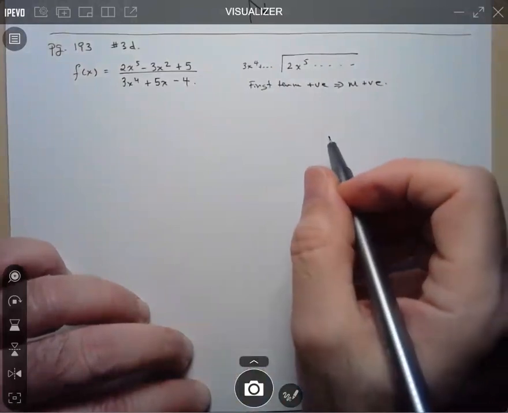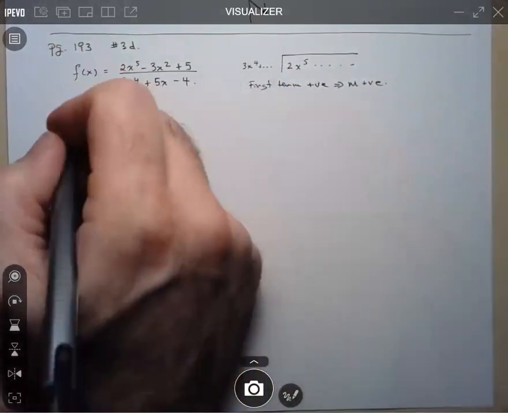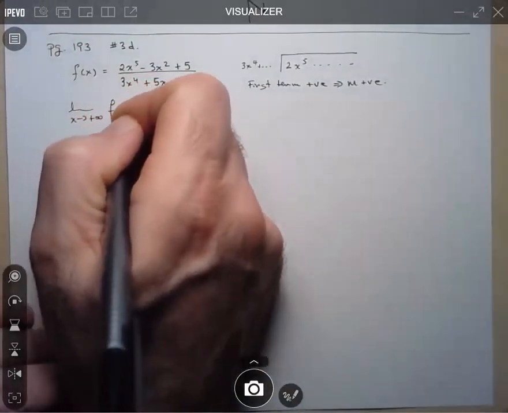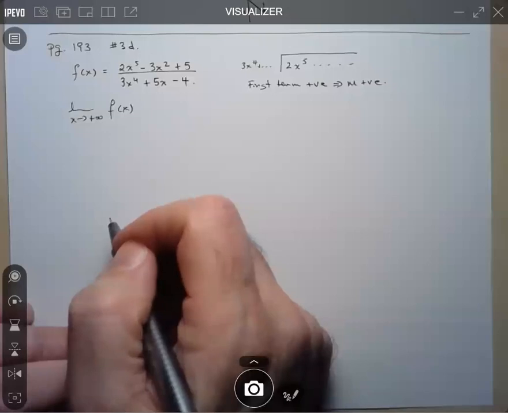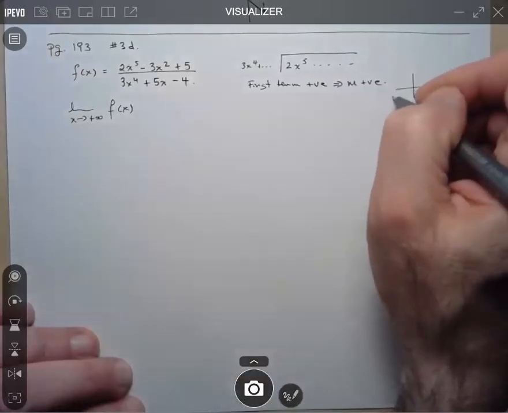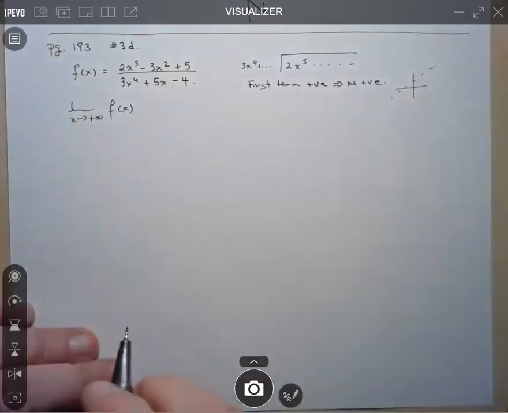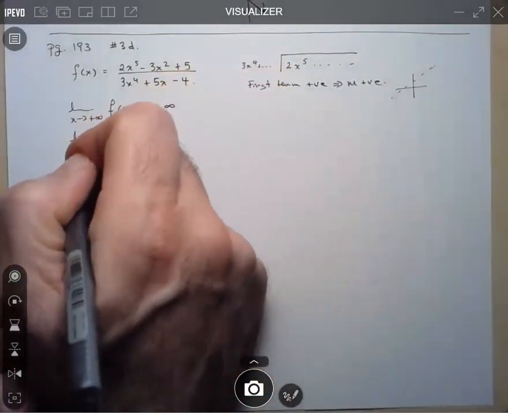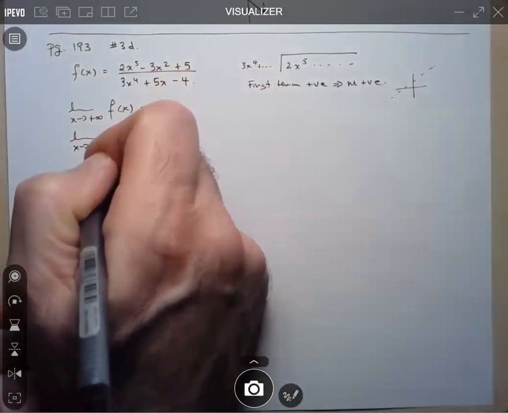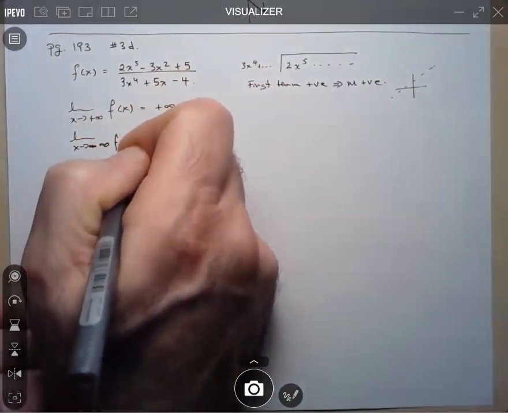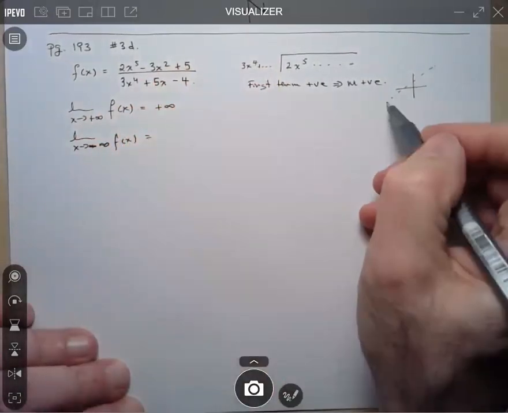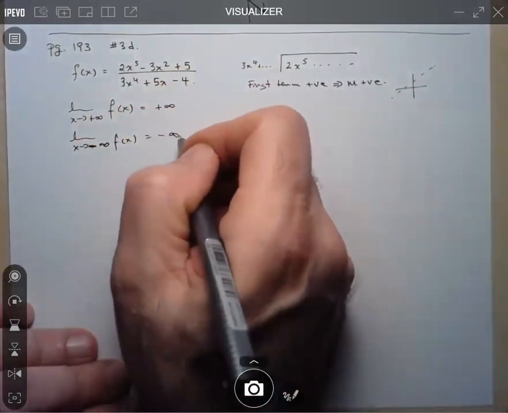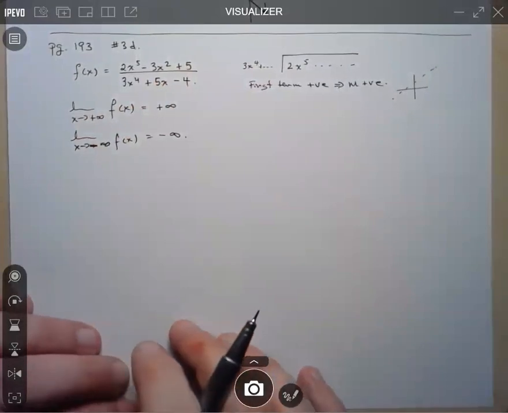Okay, so here, because of that, the limit as x approaches positive infinity of f at x. So remember, since the slope is positive, it means the oblique asymptote looks something like this. That means that's going to be positive infinity, whereas the limit as x approaches negative infinity of f at x, since the oblique asymptote again has that positive slope, to the left-hand side it's going to be approaching negative infinity. Okay?